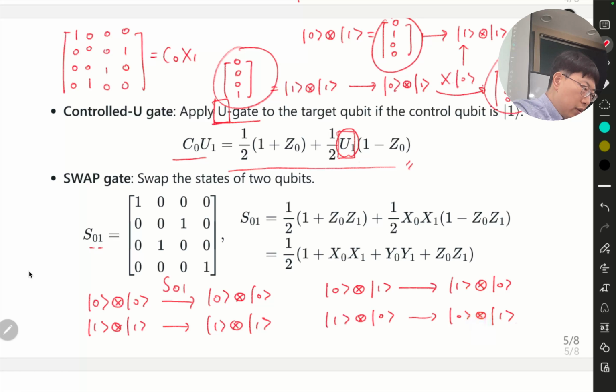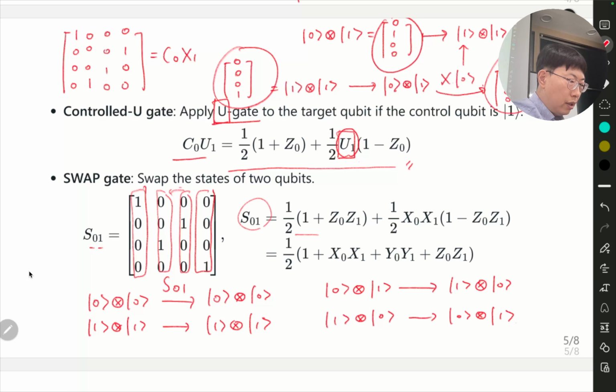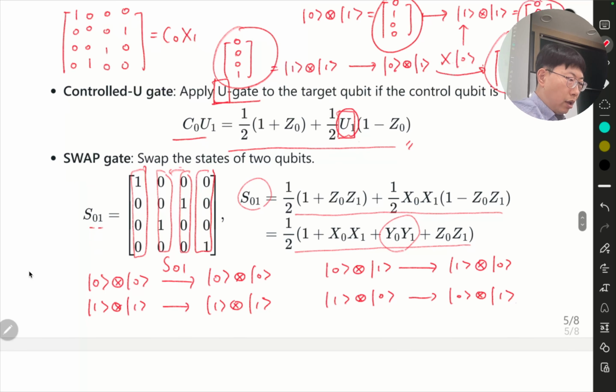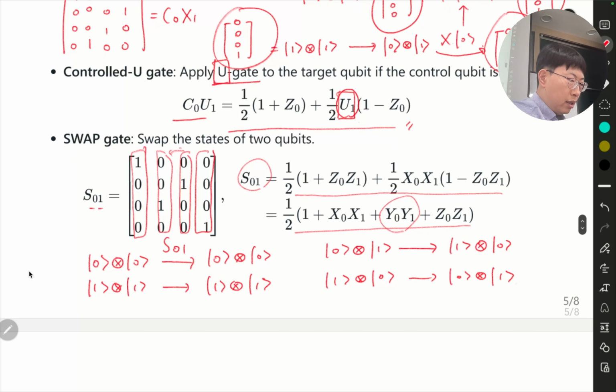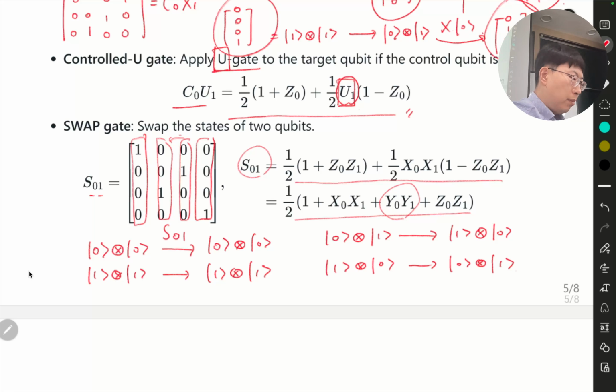Right? So that's why the first row and column and last row and column remain the same, but the second and third are swapped here. Okay? And you can also represent this swap gate as a linear combination of X, Y, and Z gates too. Okay, we'll talk about why we can represent it as a linear combination.